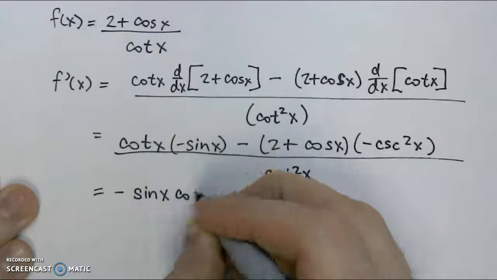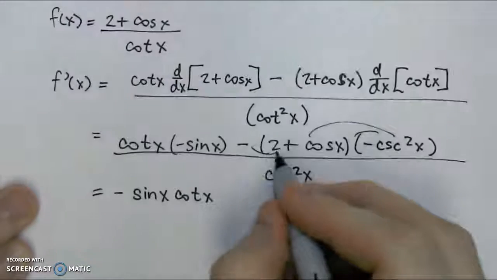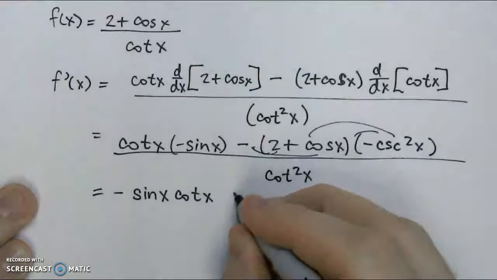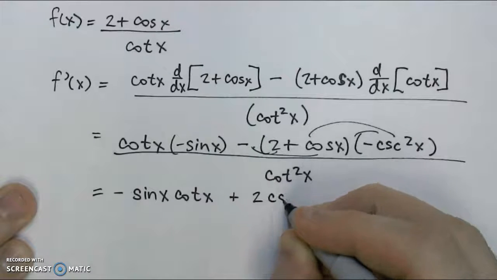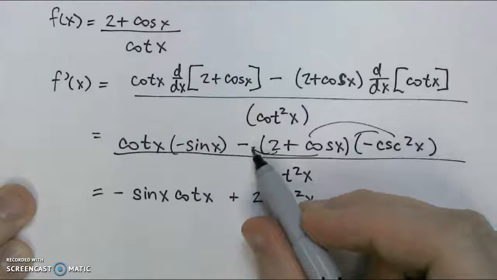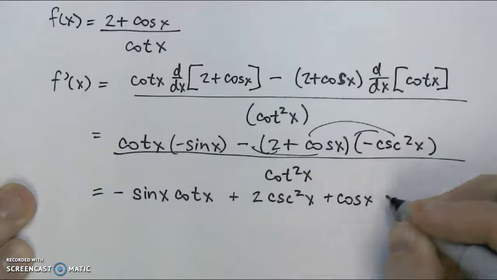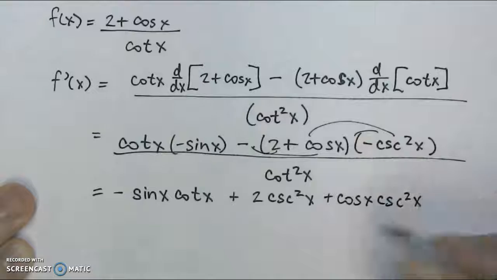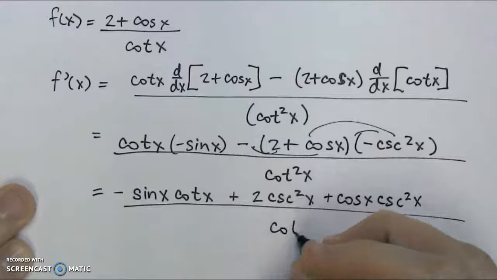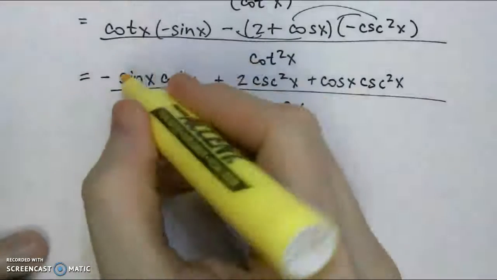Let's put stuff together. I'm going to put sine in front. I'm going to distribute cosecant and the negative. So this will be positive 2 cosecant squared. And this will be positive cosine cosecant squared. Now I would try to simplify this as much as you can. I notice that this is going to reduce.